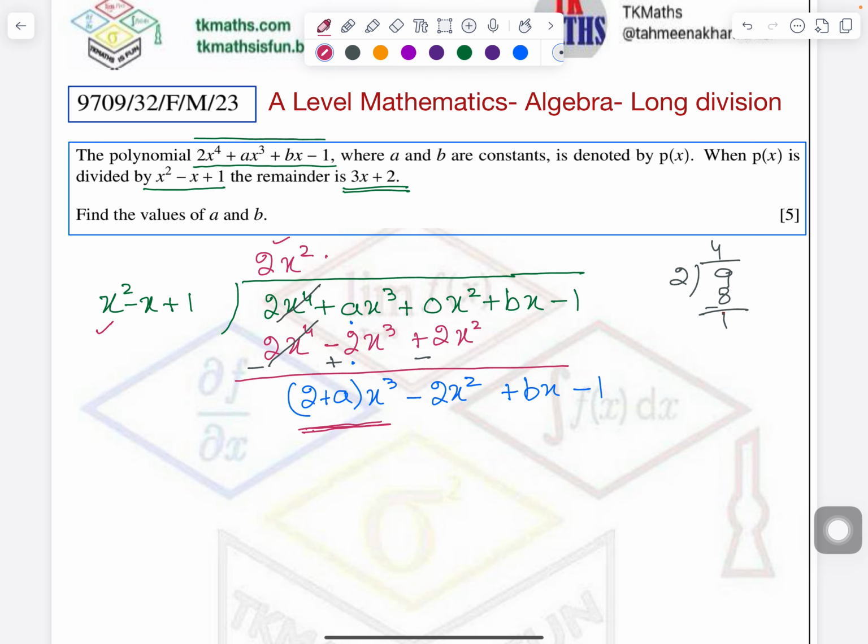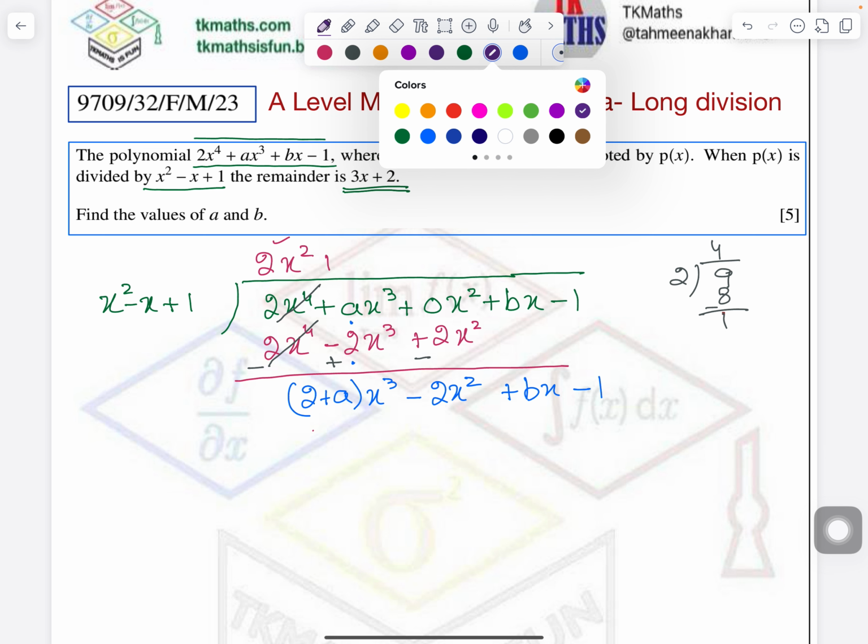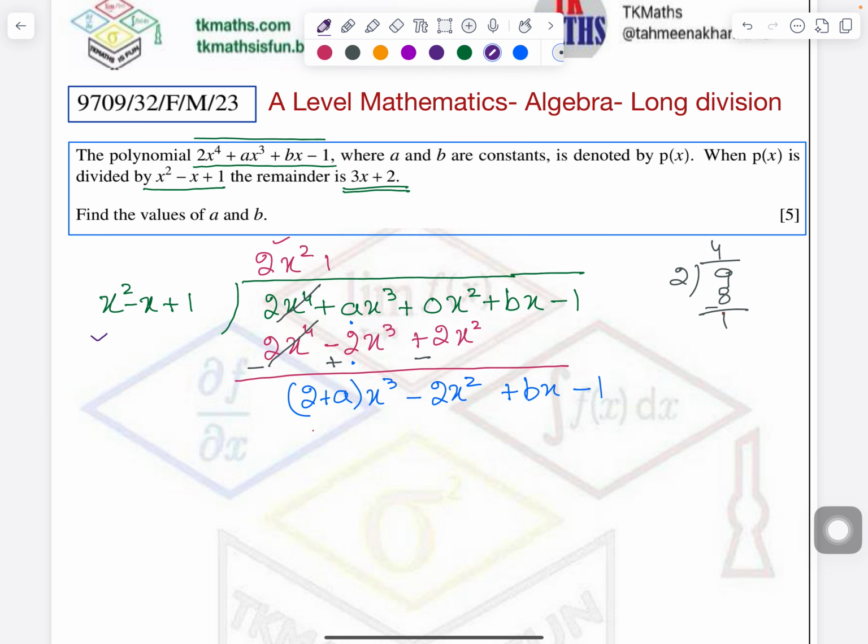It will definitely be, let me use some other color so that we can see the difference, (2 + a)x. So this will give me (2 + a)x³. I'm repeating: I have to multiply x² by a term to get (2 + a)x³, because this is the first term we have here.